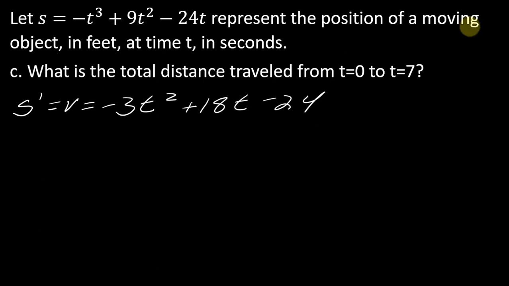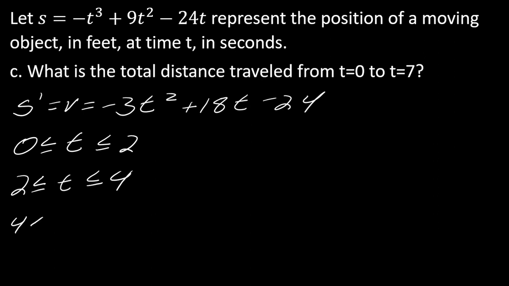I want to use this interval to guide how I look at my position function. I need to know what's happening from 0 to 2, because we know that's going one direction, then from 2 to 4, and then from 4 to 7 seconds.